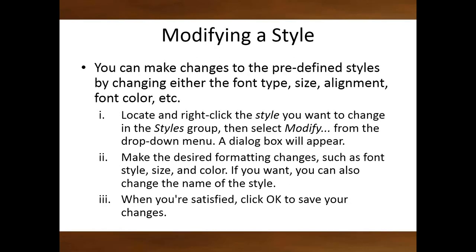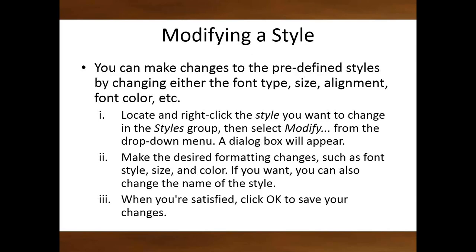When you do that, a dialog box will appear. Step 2, make the desired formatting changes such as font style or font type as we have learned, or face, size and color, and so on and so forth.